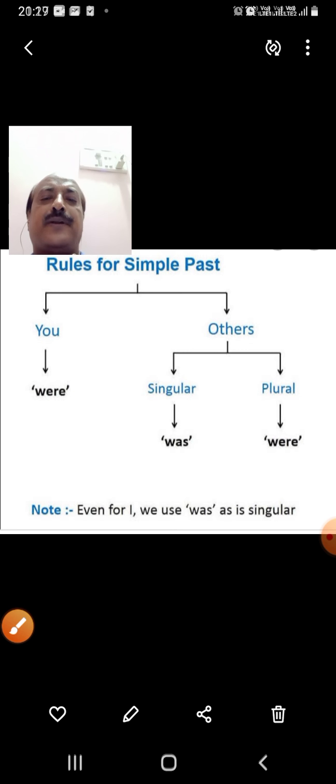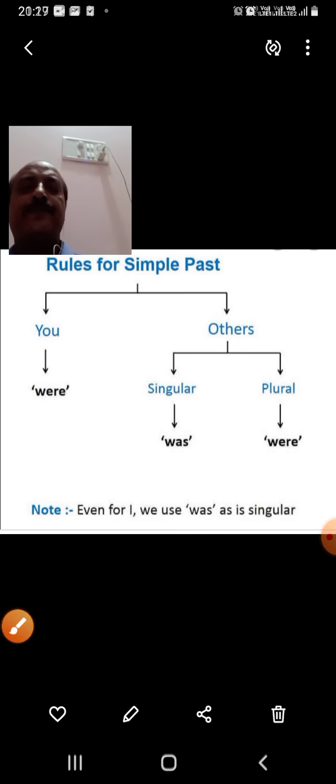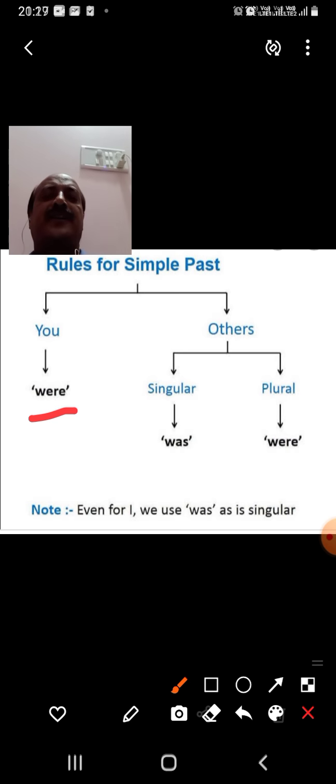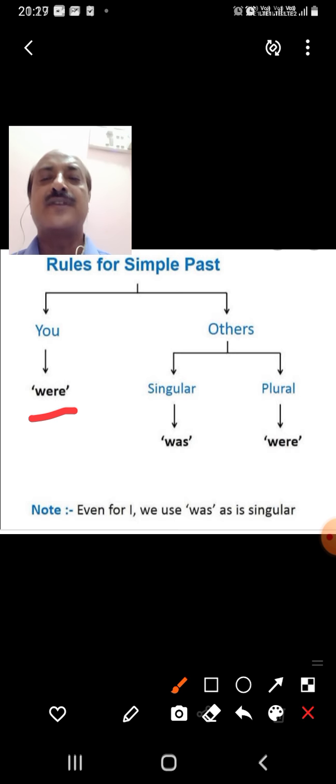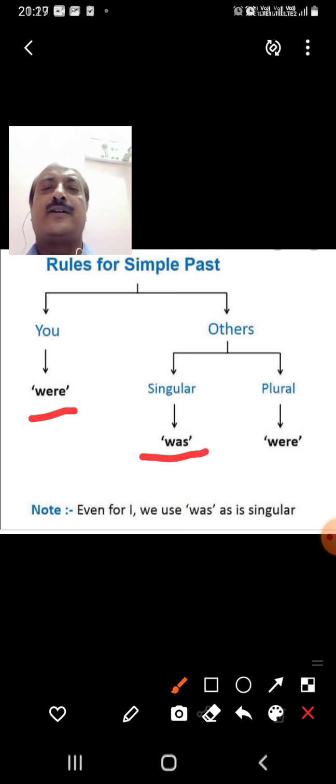Now rules for simple past. You were. So you is the second person and third person. When we talk about more than one person, we use were. In singular, we use was. I was present in the class yesterday. I was absent yesterday. So we use was when we are talking only about one person, one animal or one thing.